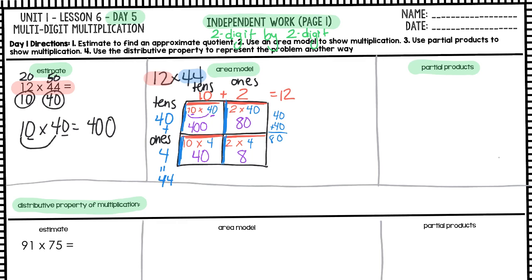I'm going to start with 400. Then I'm going to add 80. And I'm going to add 40. And then I'm going to add 8. I started with the largest number so that I could see that I can line up all of my digits. So when I wrote this, all of my ones were underneath the ones place in the 400.